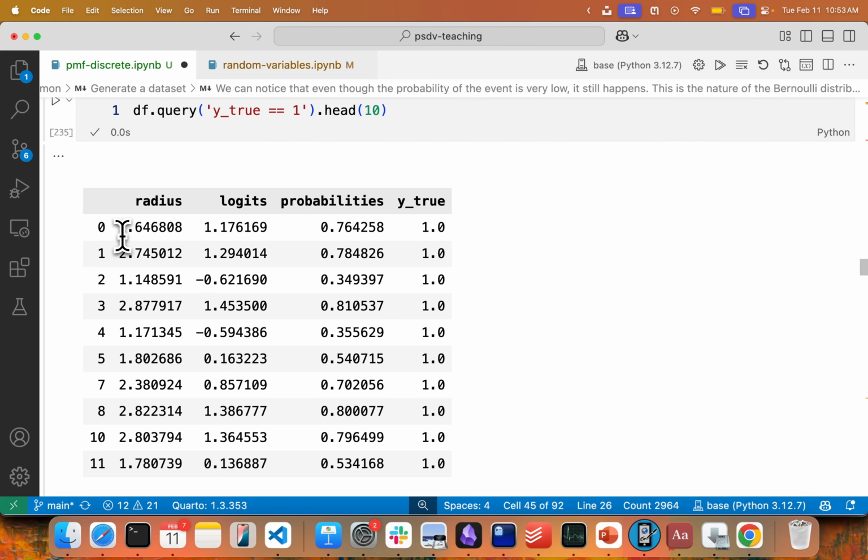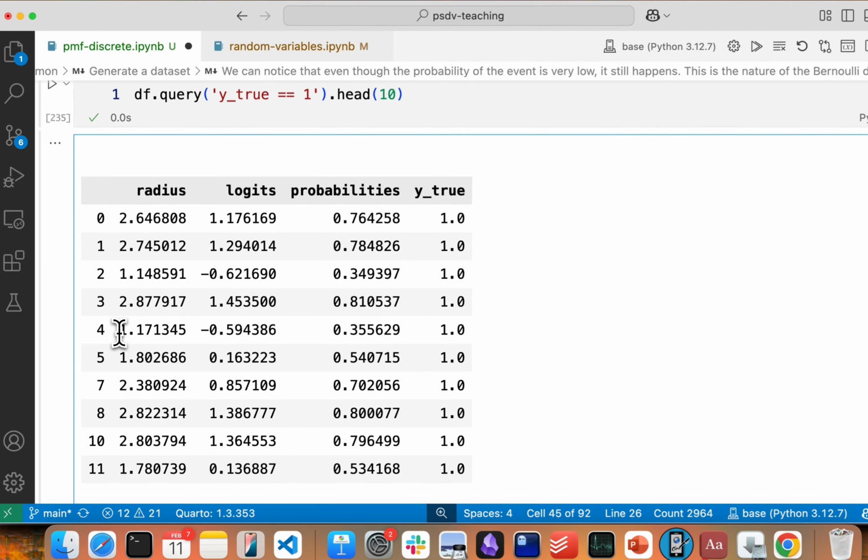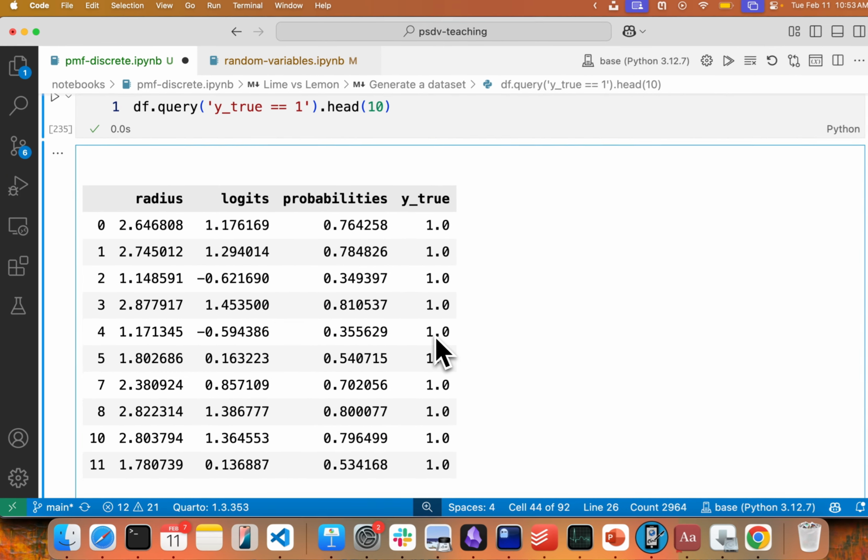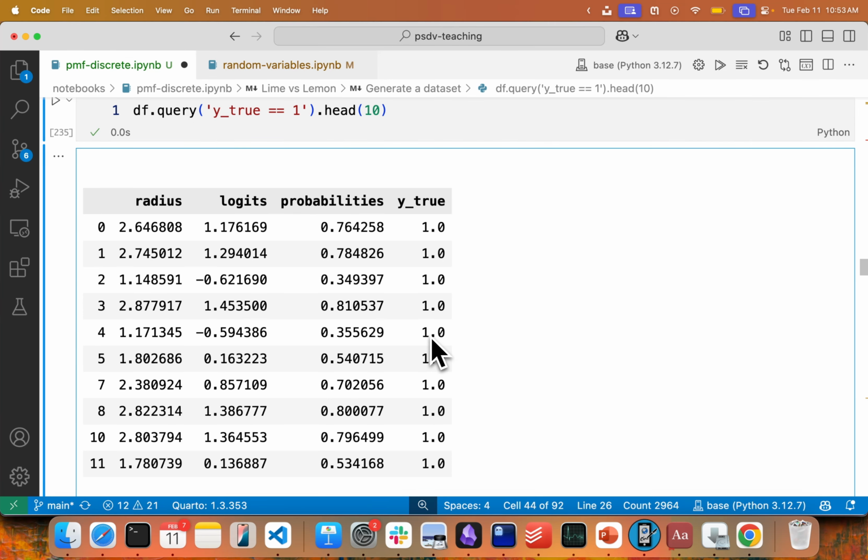So you can see that for this example, the radius is 2.64, probability of it being class 1 was 0.76, and it turns out to be class 1. For this example, the radius was 1.17, rather low. Probability of it being a lemon was also low, but it still turned out to be a lemon. This is the generative process which I'm telling. You can generate lemons even though the probability of it being a lemon is low.